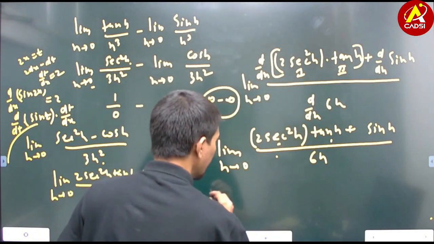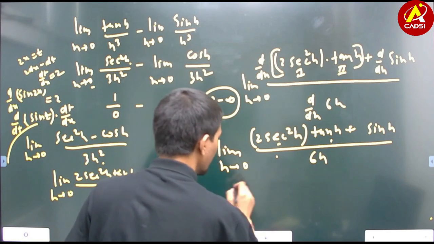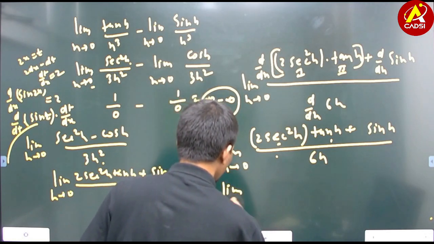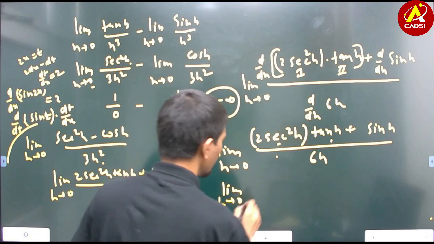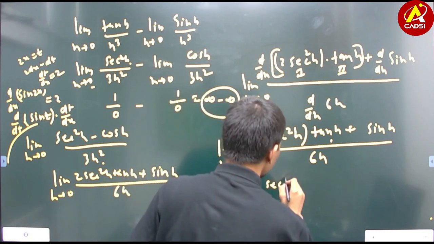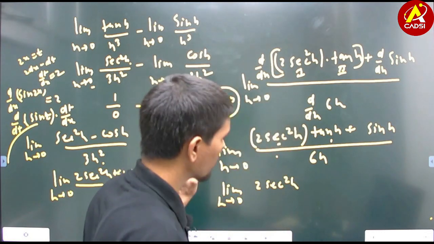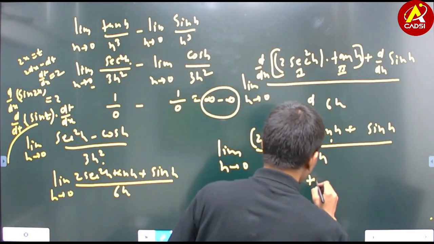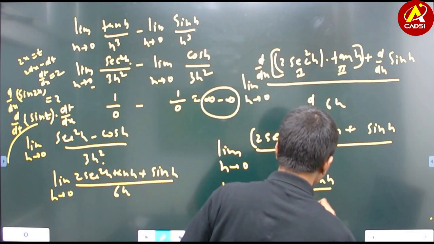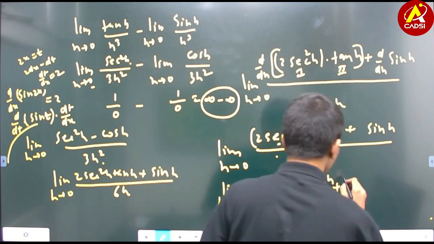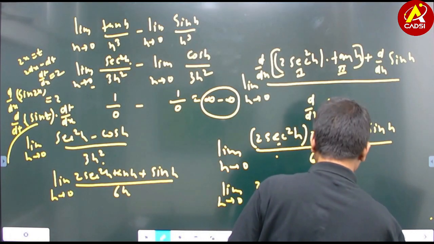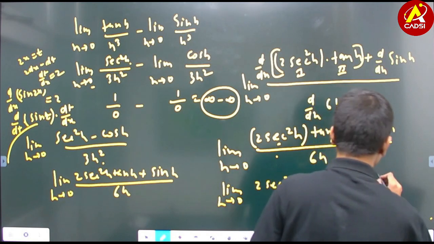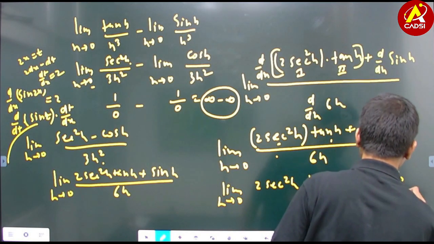So here we can write limit of 2 sec square h, and we can separate tan h upon 6h plus limit h tending to 0 of sin h upon 6h.